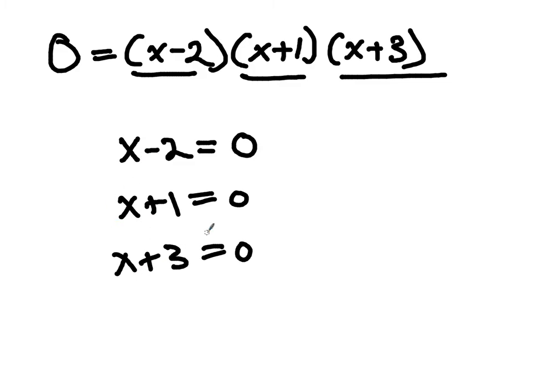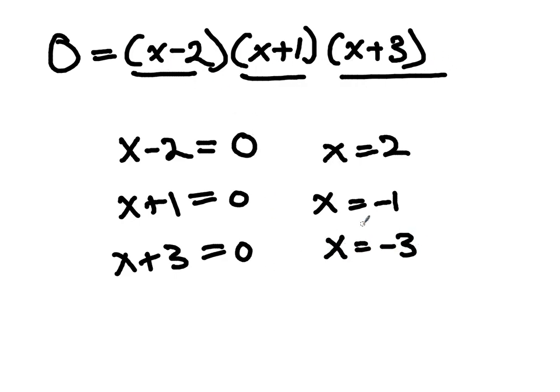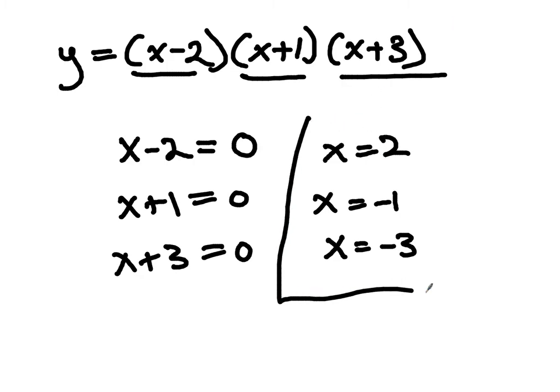If we solve each of these for x, if x equals 2, then this factor is 0, so the whole thing is 0. If x equals negative 1, this factor is 0, so the entire function is 0. And if x equals negative 3, then this factor would be 0, and so the entire function would be 0. So the zeros of the function y equals x minus 2 times x plus 1 times x plus 3 are these values here, 2, negative 1, and negative 3.